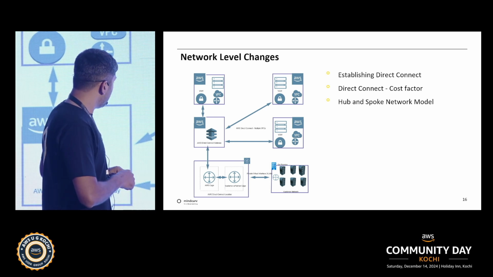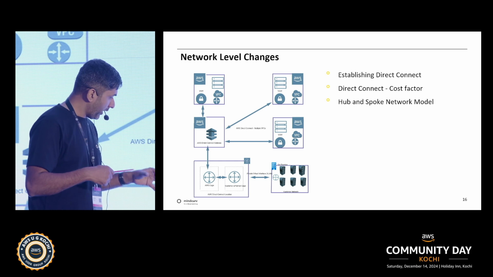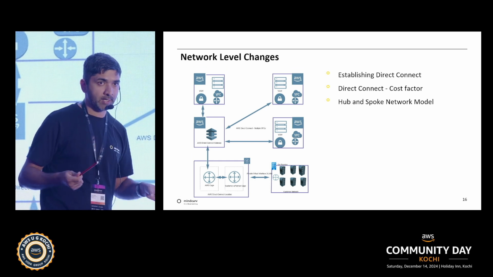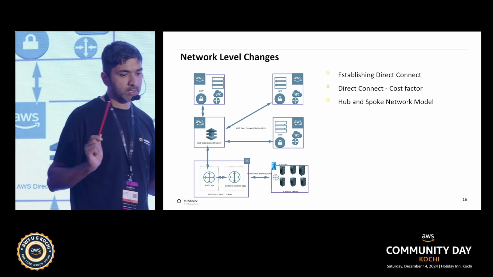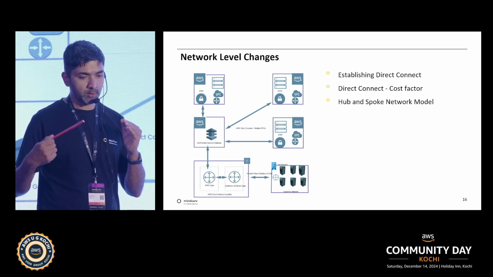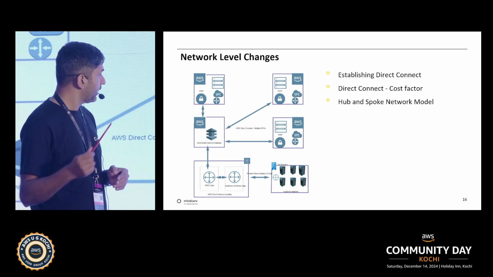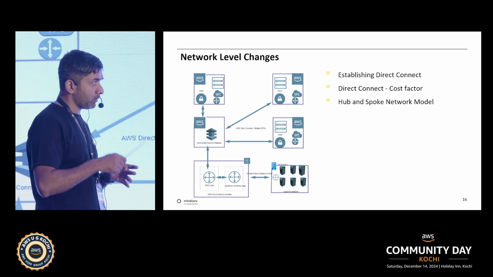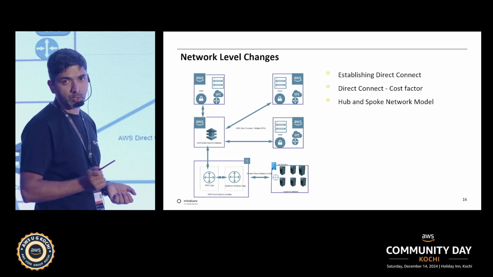In between, while replacing the site-to-site VPN, we can easily introduce AWS Direct Connect. Of course, there's a cost involved, but accepting that factor, we planned to go ahead with AWS Direct Connect. And also, to save cost, we have adopted the famous hub and spoke network model approach.